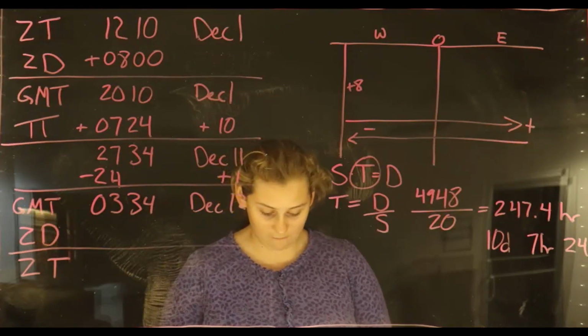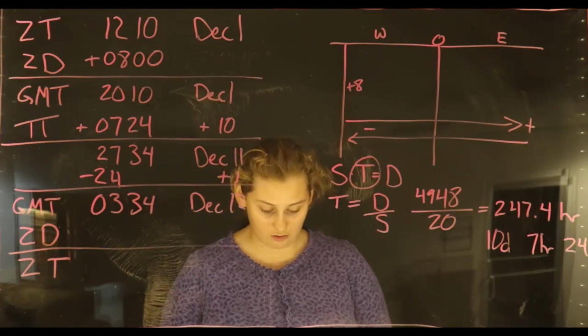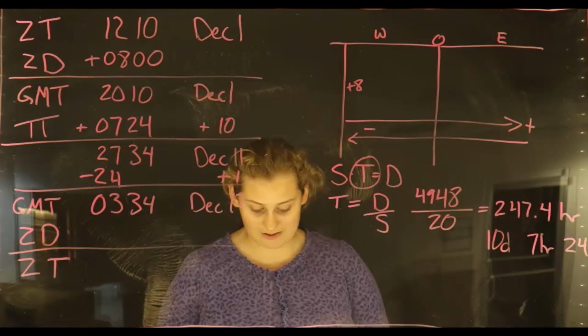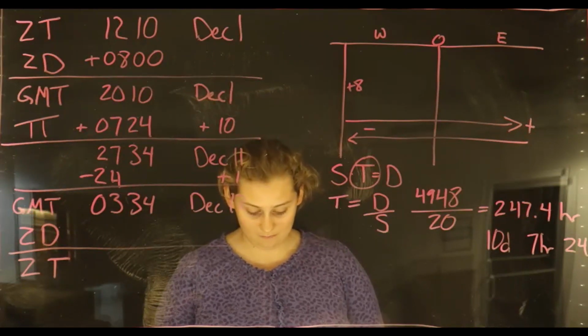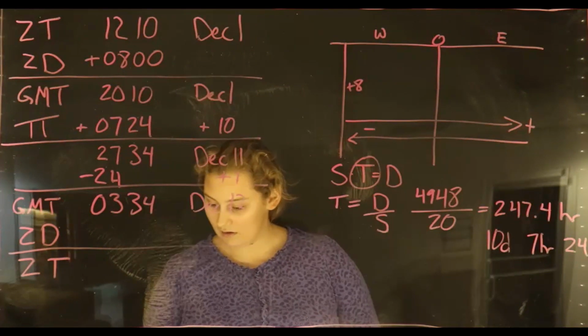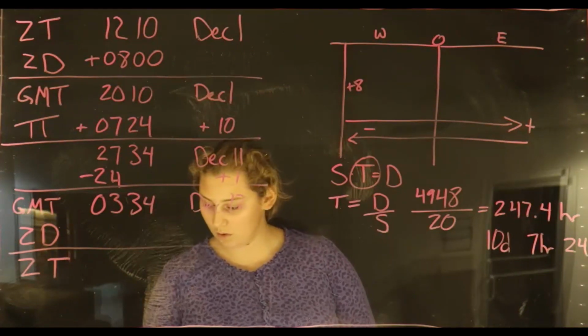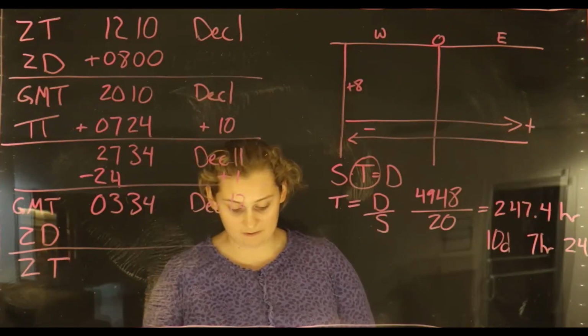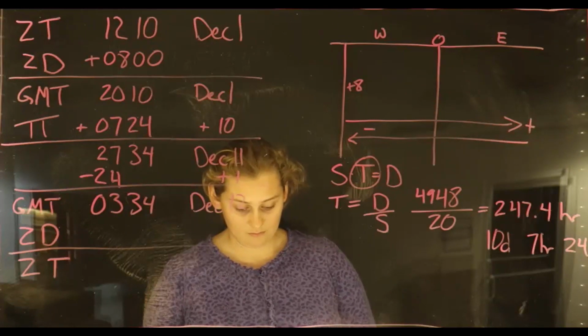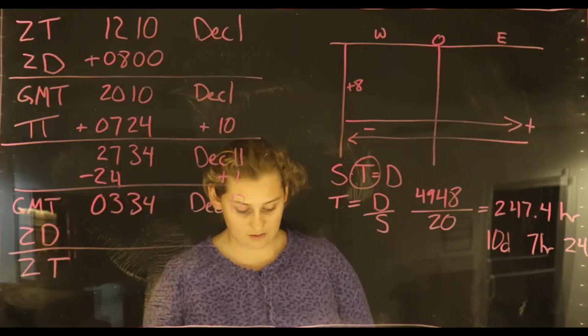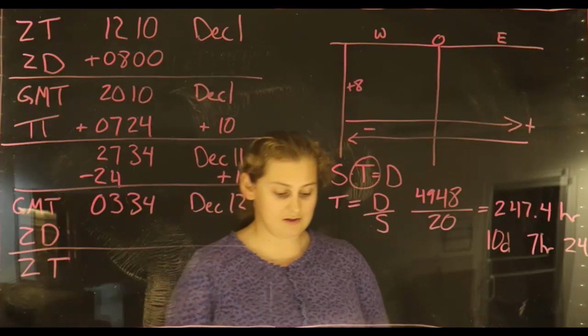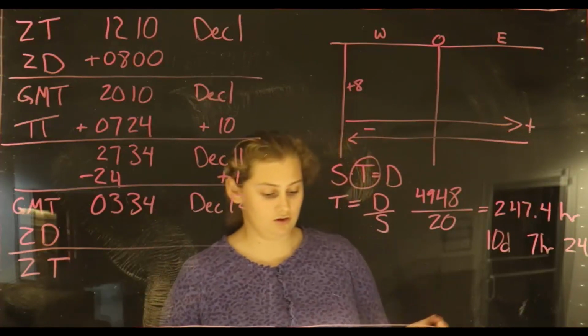So I'll go 144, hit our degree button, then type in 37 and hit our degree button again. And then we will divide it by 15. And this will get us our zone description.